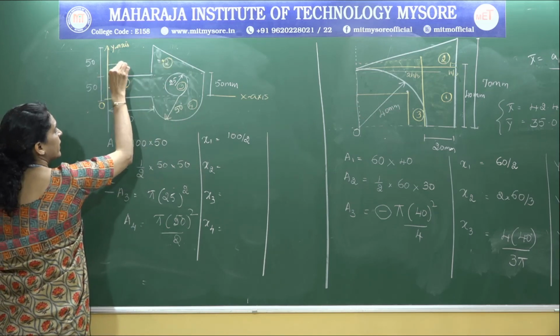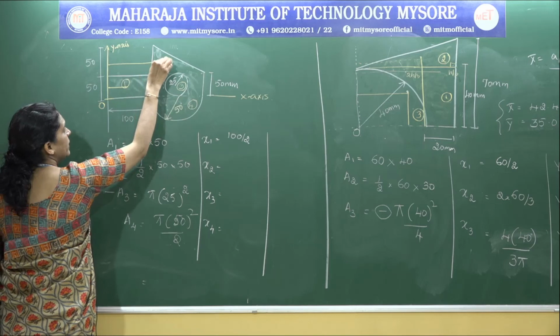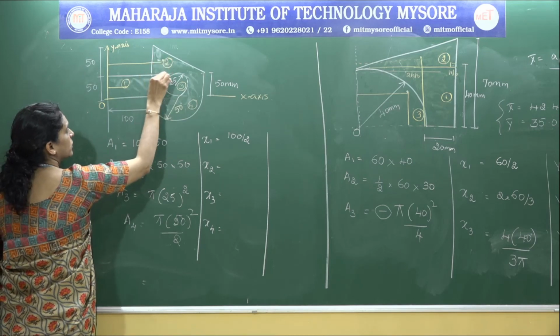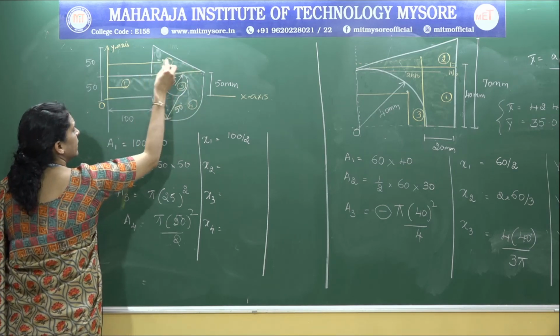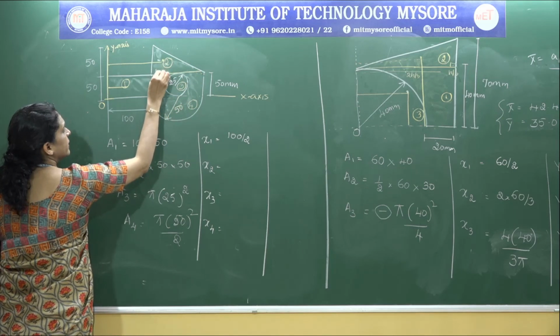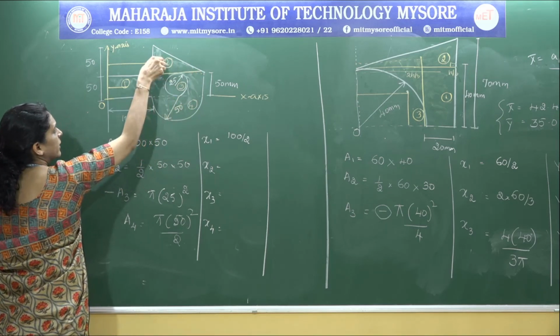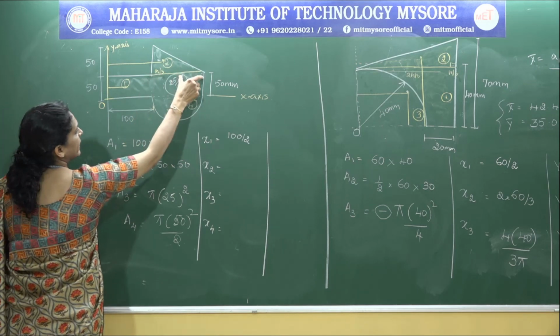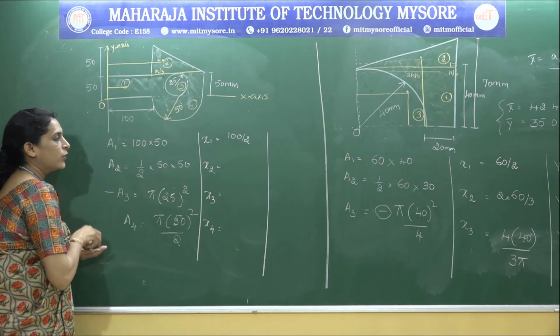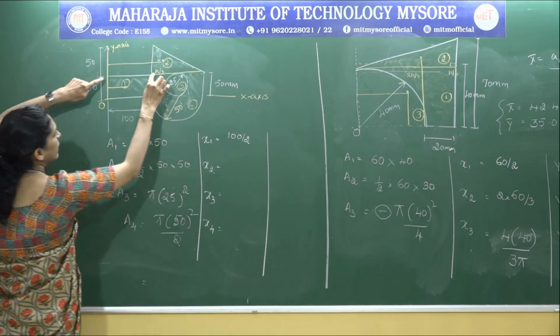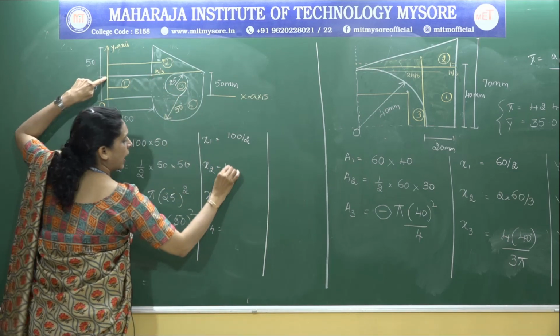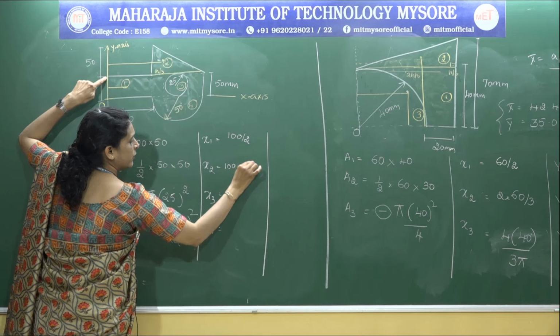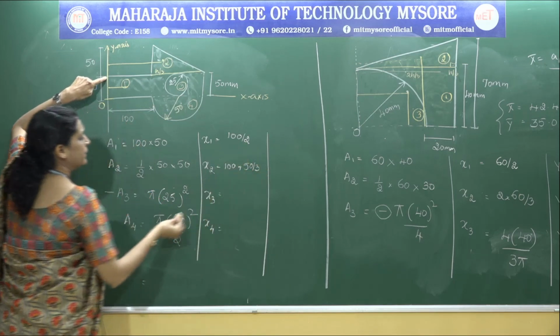Taking y as the reference axis, this is the right angled triangle, so this is h by 3. What is the height of this right angled triangle? It is 50. So we will have to consider it as 100 plus 50 by 3.